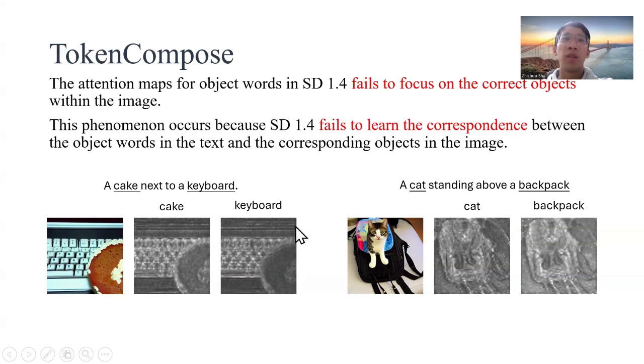The attention map of the keyboards does not focus on the keyboards in the image. We also see this phenomenon in the combination of a cat and a backpack. The attention map of the cat didn't focus on the cat object, and neither did the backpack. So we hypothesize this is the reason why Stable Diffusion cannot generate both objects: the model itself fails to learn the correspondence between the object words in the text prompt and the visual objects in the image.